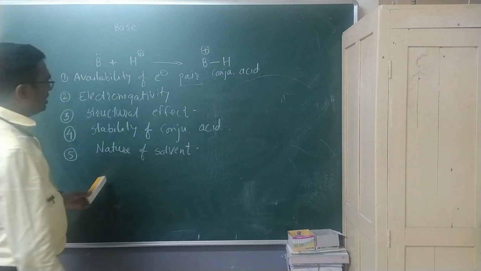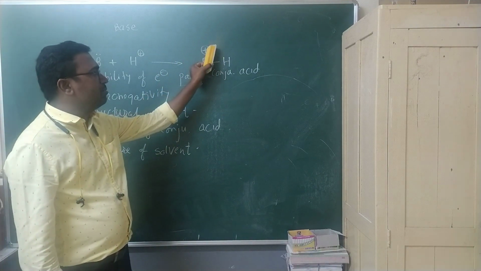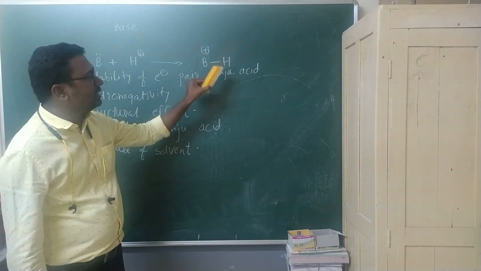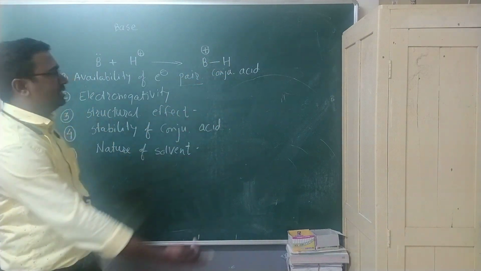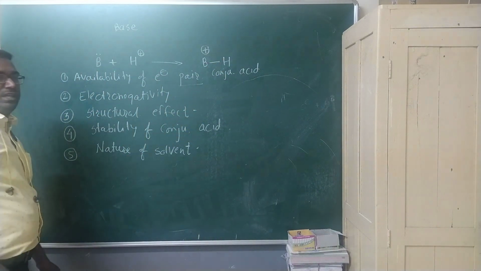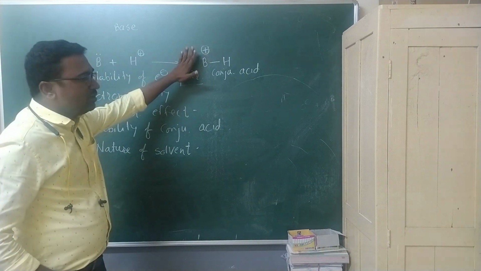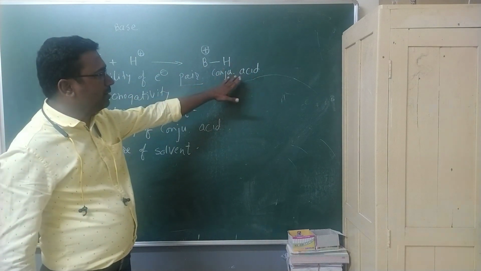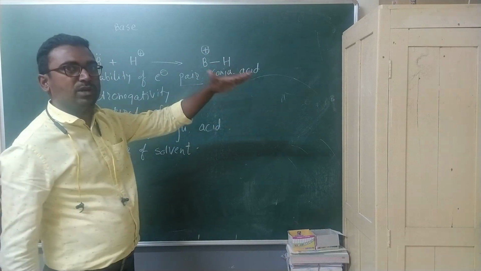Suppose I am using a polar solvent, then this polar solvent will form hydrogen bonding with the conjugate acid, and automatically the stability will increase. So if the stability increases, then the pKb value decreases. For a polar solvent, the conjugate acid will form hydrogen bonding and form a stable product, and the strength of the base will increase and the pKb value will decrease.